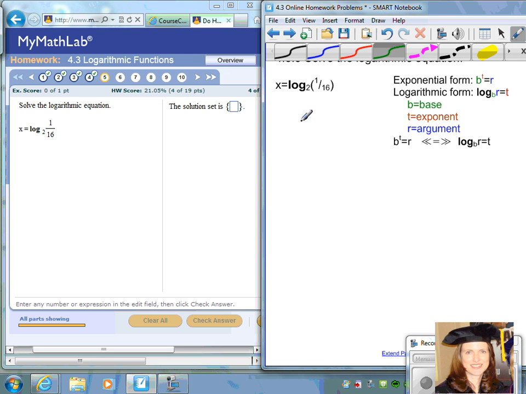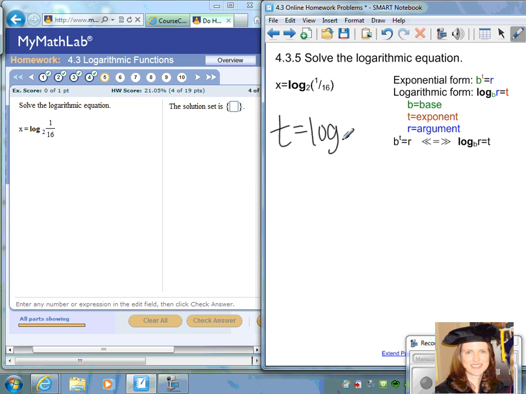Here we have x equals log base 2 of 1 over 16. This is the same thing as t equals log base b of r. We're using that equation here. B is the base. The base b is equal to 2. It's a number right next to the log. It's a subscript, base of 2.